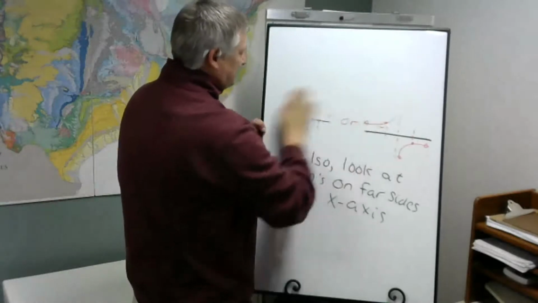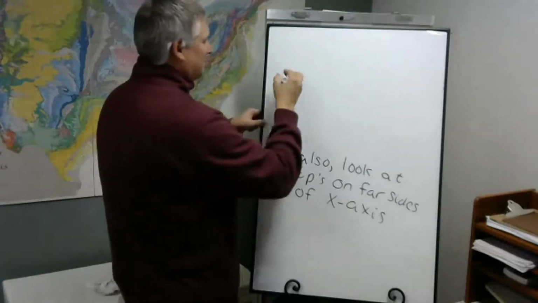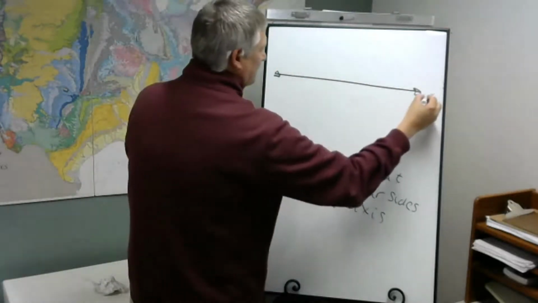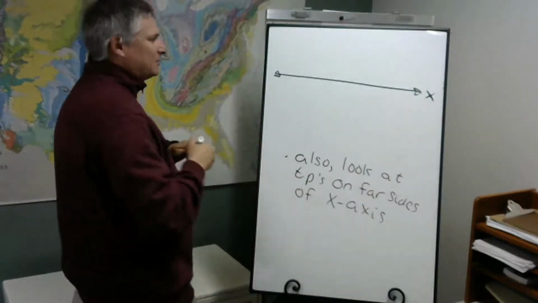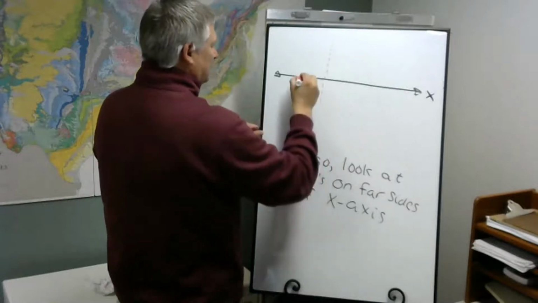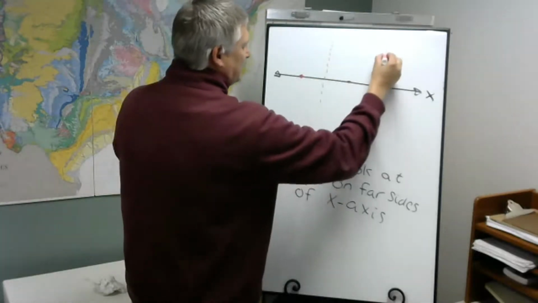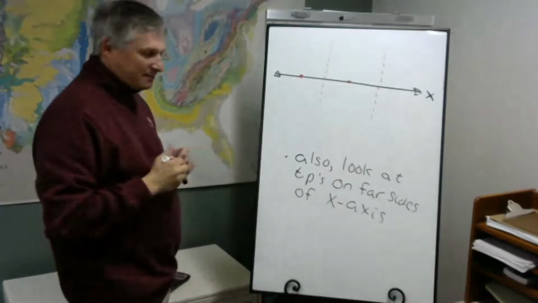Well, let's say we have some intercepts and vertical asymptotes. So we could have, say, a vertical asymptote here. So here's an x-intercept, another x-intercept, another vertical asymptote. We'll just leave it like that.